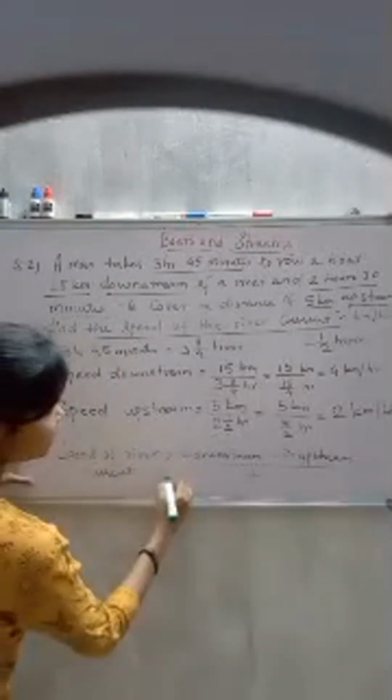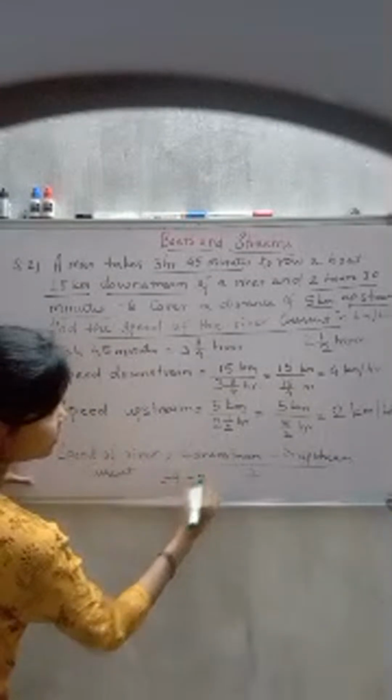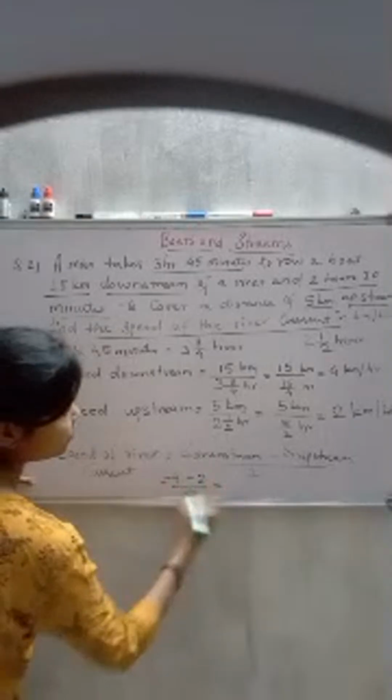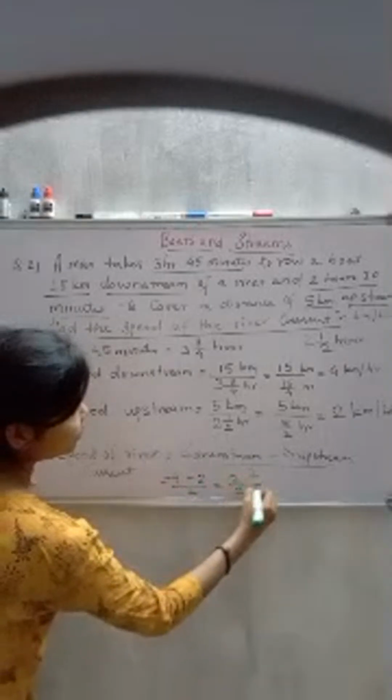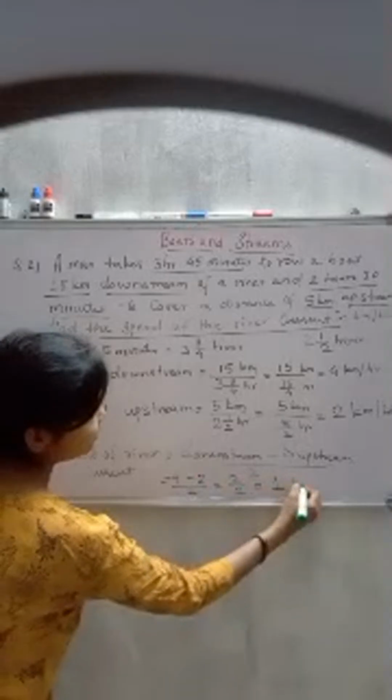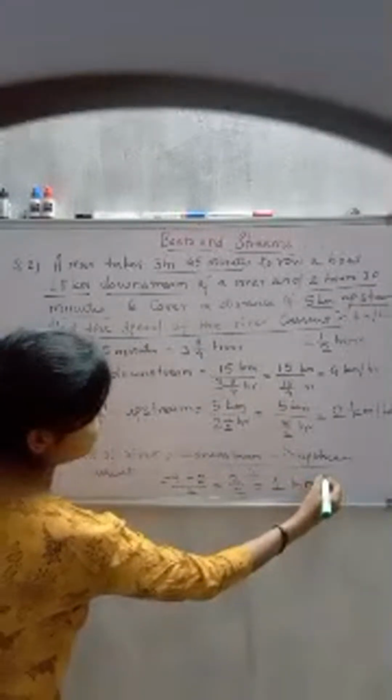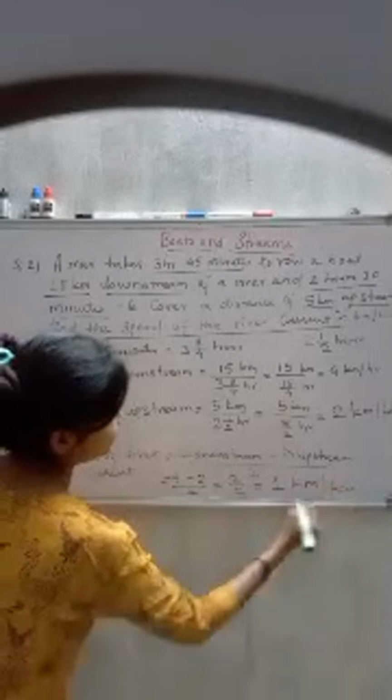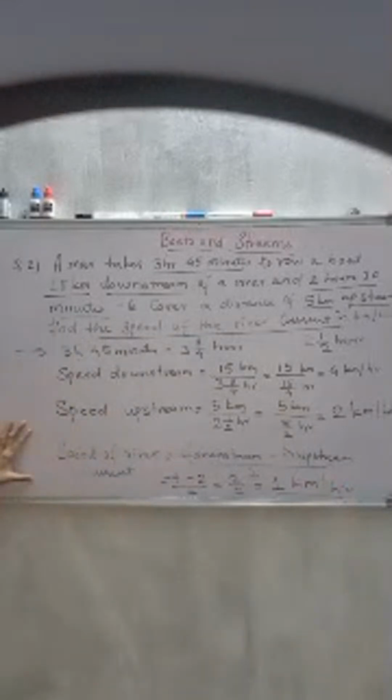Speed downstream is 4 minus 2 by 2. 4 minus 2, 2 by 2. So answer will be 1 kilometer per hour. This is the required speed of river current.